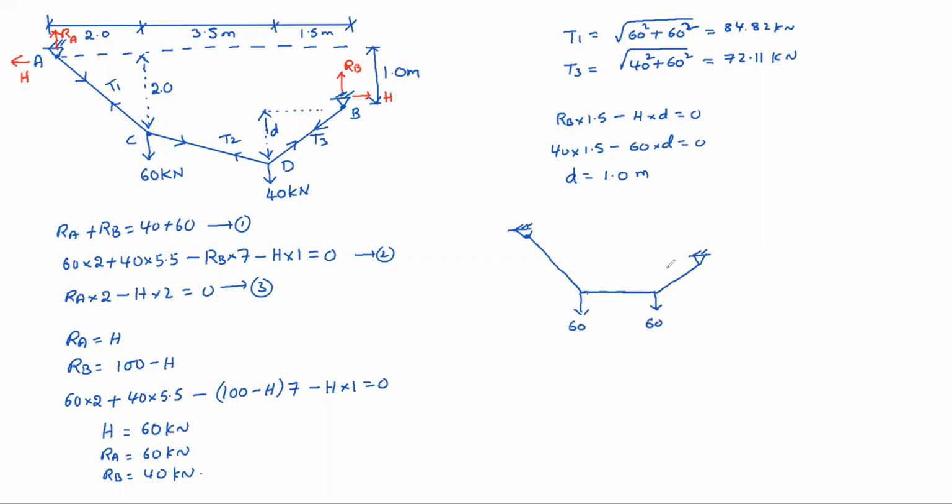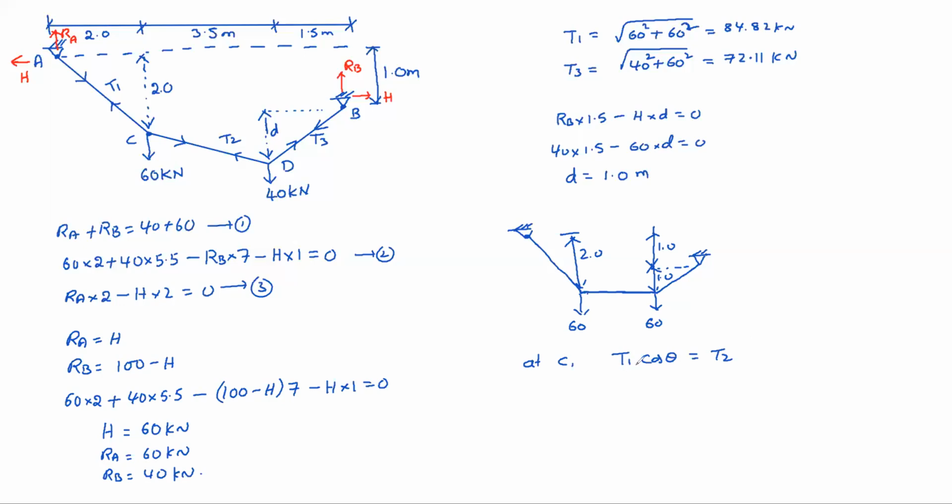Because this is 1, this is 1. Of course, this is 2 we have given here. That's why the central part will be in horizontal direction. So at C, you can balance horizontal components. That is T1 cos theta equal to directly T2. Okay, because it is horizontal.